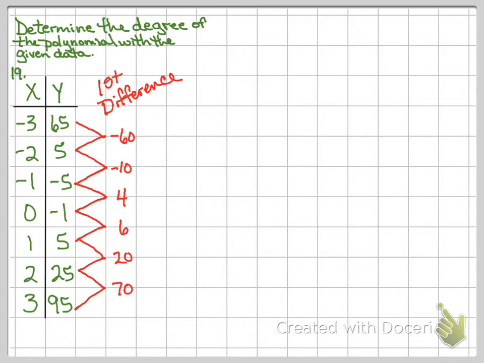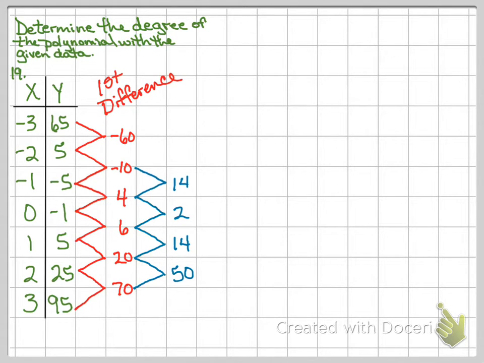Now we're not to a constant number. I don't have all my differences being the same number. So I'm going to try again. So I have 70 minus 20 gives me 50. 20 minus 6 gives me 14. 6 minus 4 gives me 2. 4 minus negative 10 gives me 14.